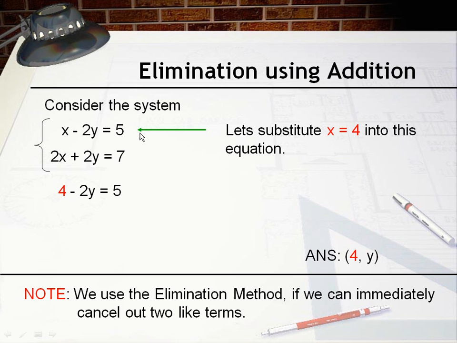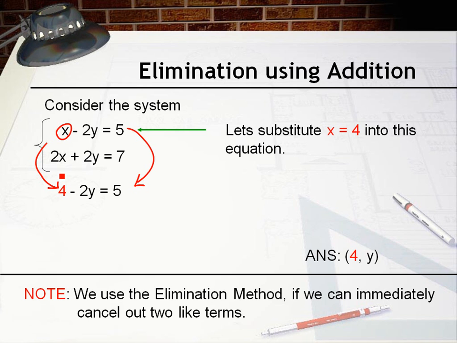So notice here, we're just rewriting this equation back over, but now we substituted 4 for x. And since we only have one variable, we just solve for that variable.